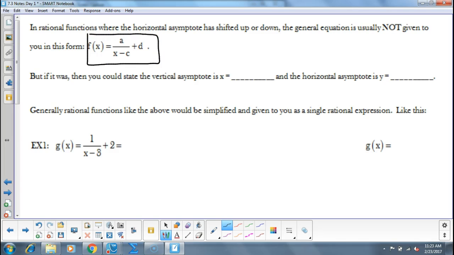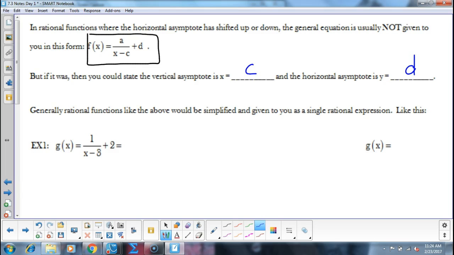And it would be so nice and so easy because our vertical asymptotes would be the lines x equals, out of this, what would our vertical asymptotes be? x equals c. And our horizontal asymptotes would be y equals d.